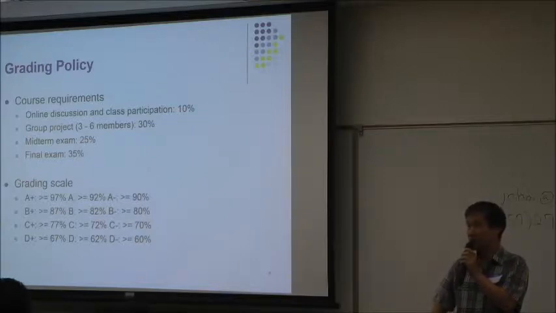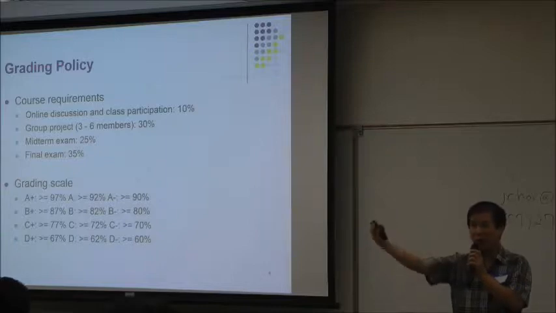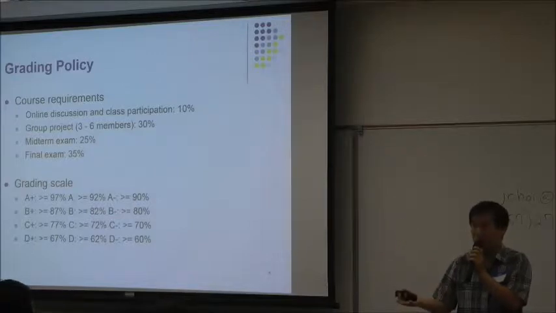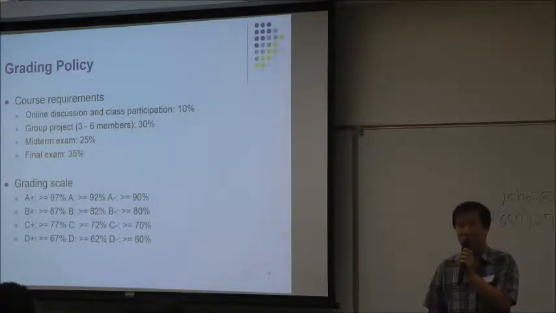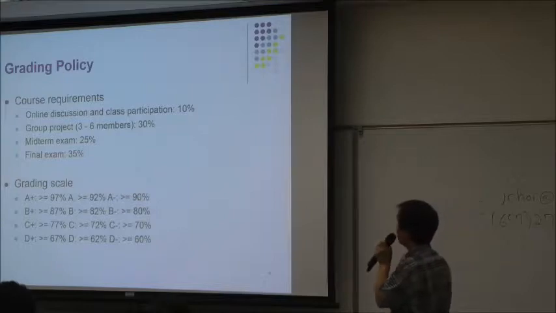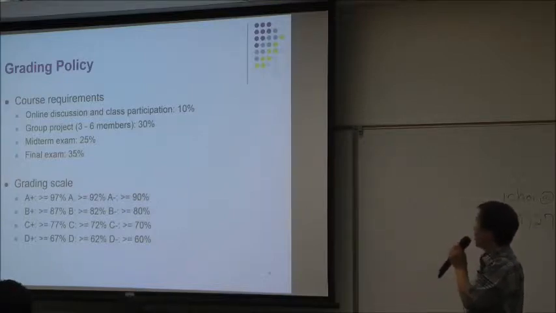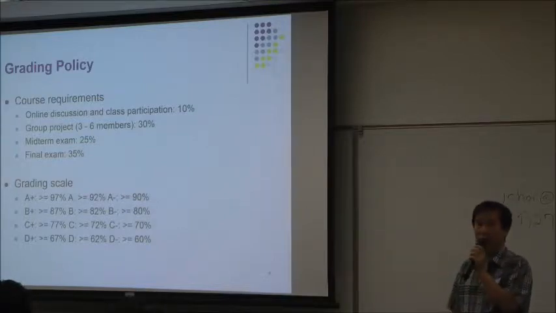Dr. Joe, how many members do you allow? Okay, so I try to align with the other course, because once you have a group, you can work on the project in the same group. You don't want to split your team members. So I will make sure I allow the same number of team members for your group project.